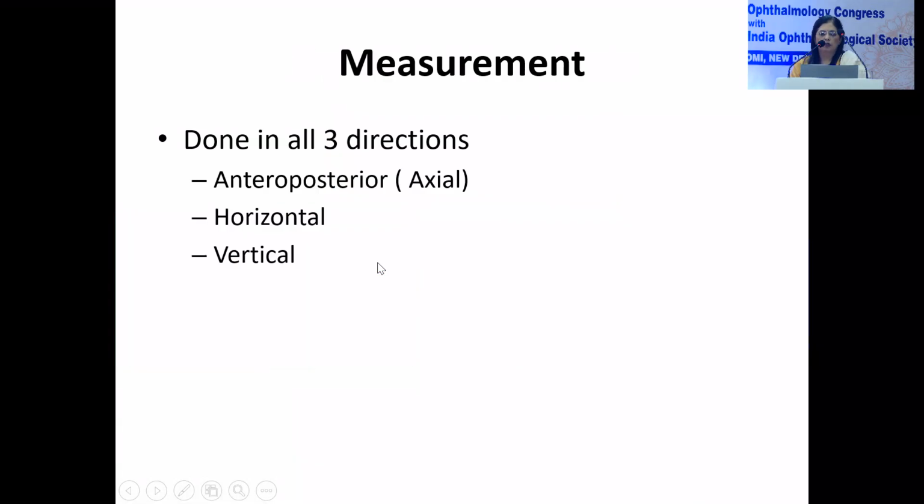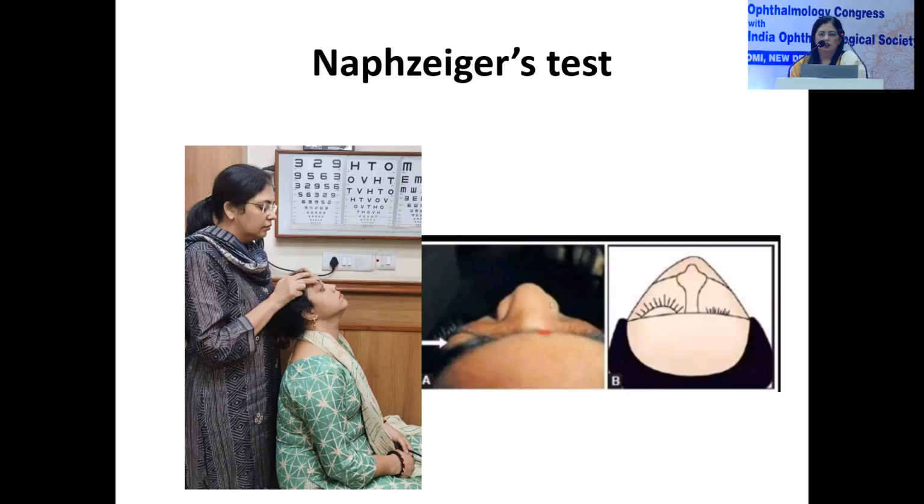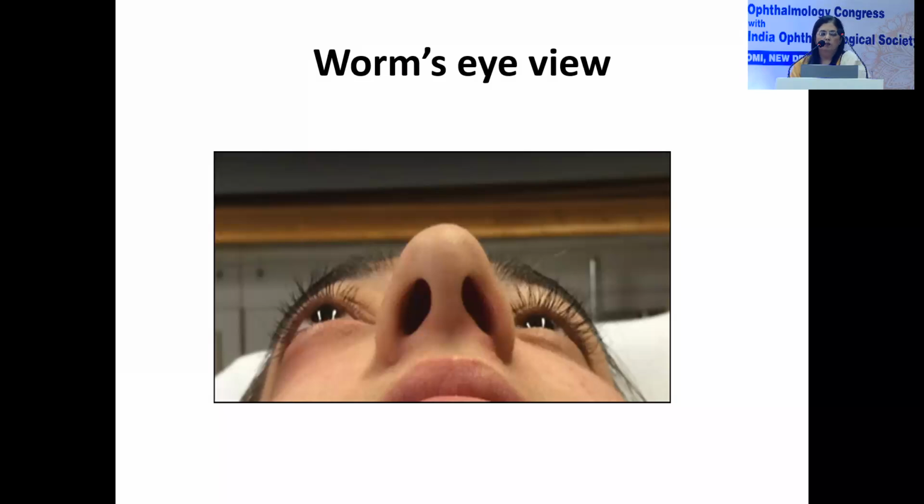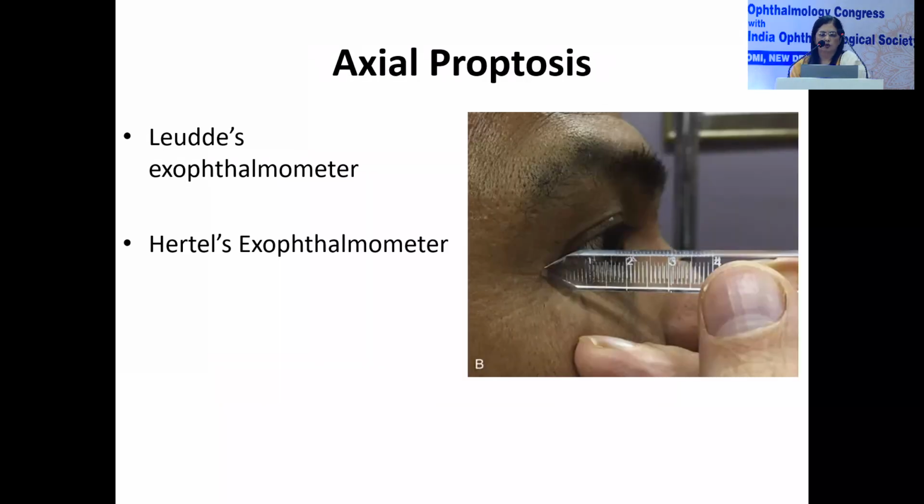So all these points are important to know. The measurement of proptosis should be done in all 3 directions. If it's subtle and you are not very sure, you can do the Naugle method or worm's eye view, which helps in noting any proptosis. Axial proptosis is measured using a Luedde or Hertel exophthalmometer, Hertel being the gold standard.